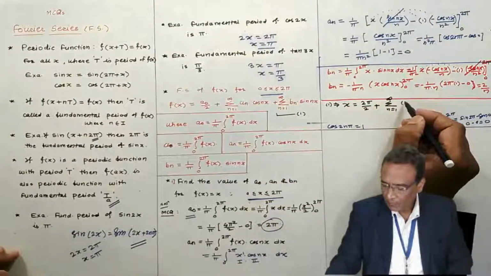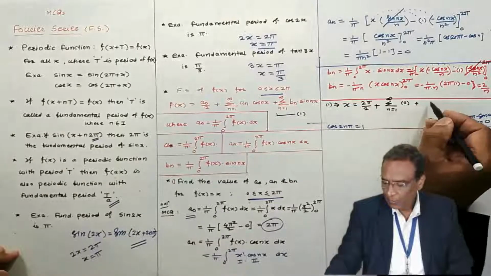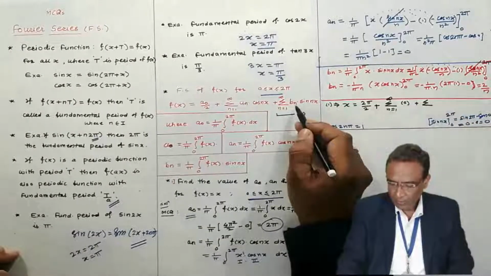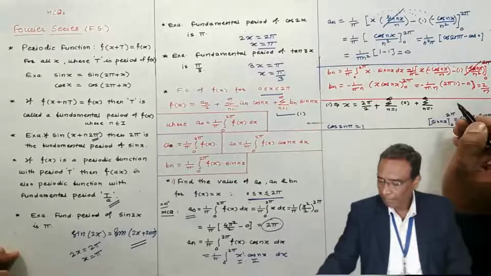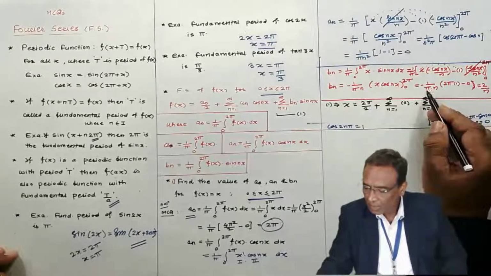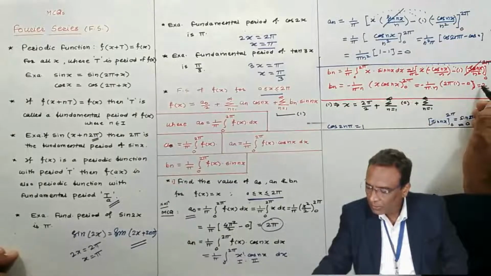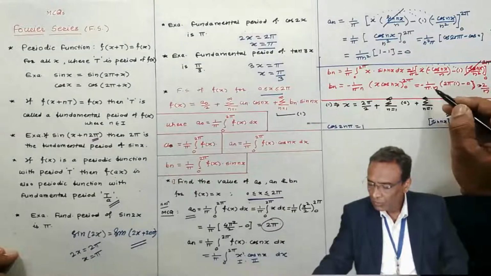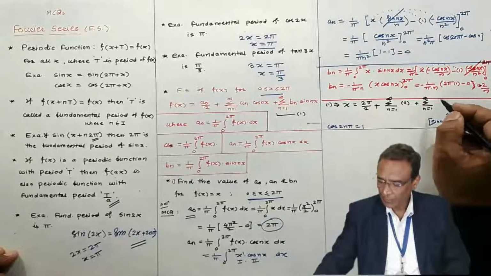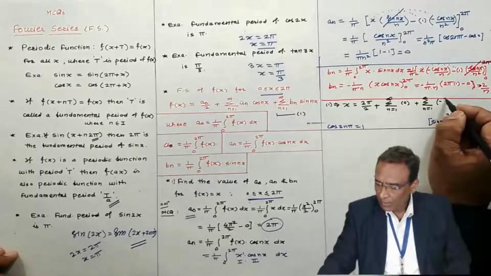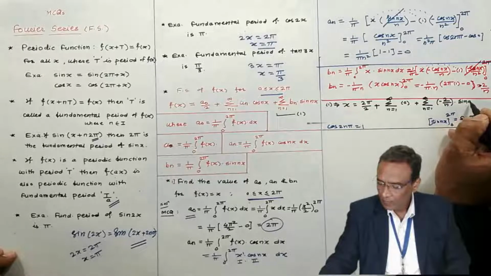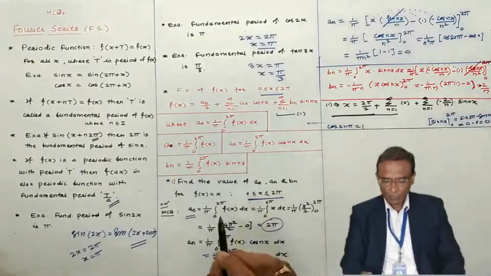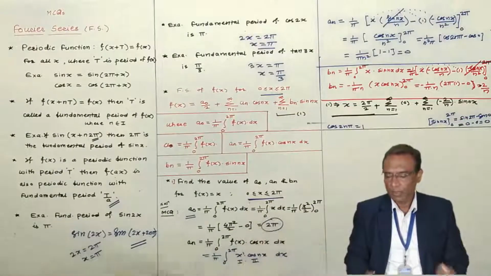An is 0, plus summation, bn is 2 by, bn is what? This minus sign, pi, it is minus 2 by n, this minus sign I forgot to write, minus 2 by n, pi gets cancelled, then minus 2 by n into sin nx. This is the Fourier series of x for the range 0 to 2 pi.